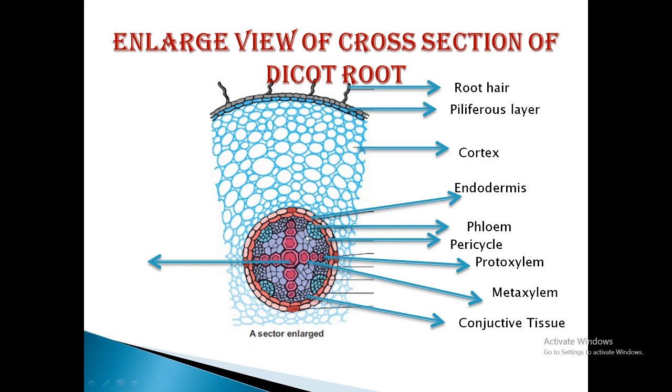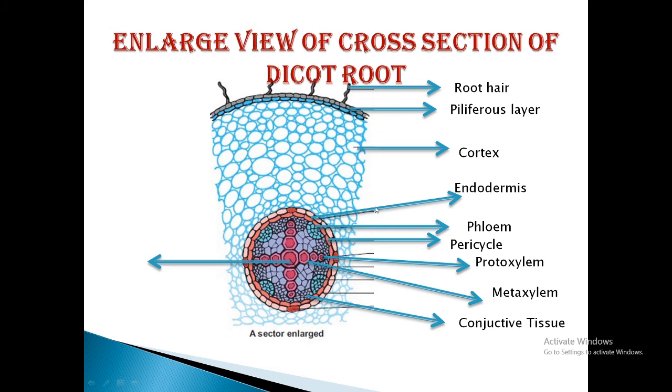And these red patches are the protoxylem. The protoxylem is present just near the pericyclic region, and the metaxylem at the central region. These xylem bands and phloem bands are bound by the conjunctive tissue. So phloem, protoxylem, metaxylem and conjunctive tissue make up the vascular system.